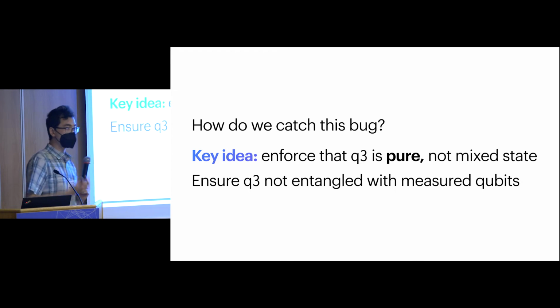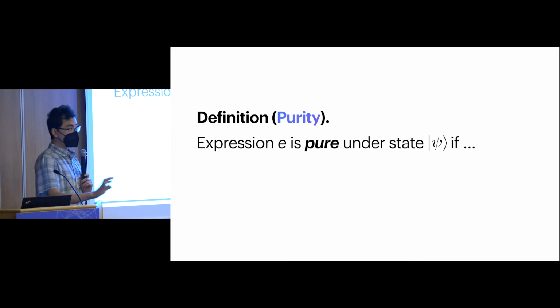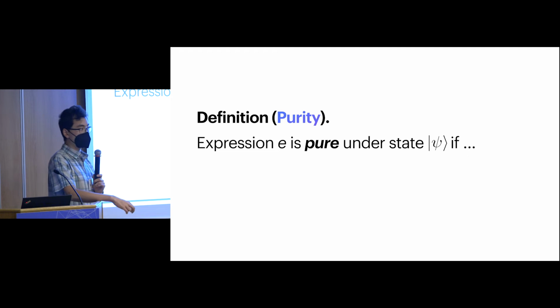So why don't we just enforce this property? Let's enforce the property that Q3 is not supposed to be entangled with the qubits that get measured during the execution of the function. So this is a property that we formalize as purity. Now in the paper, we give long operational and denotational definitions of what exactly purity means.